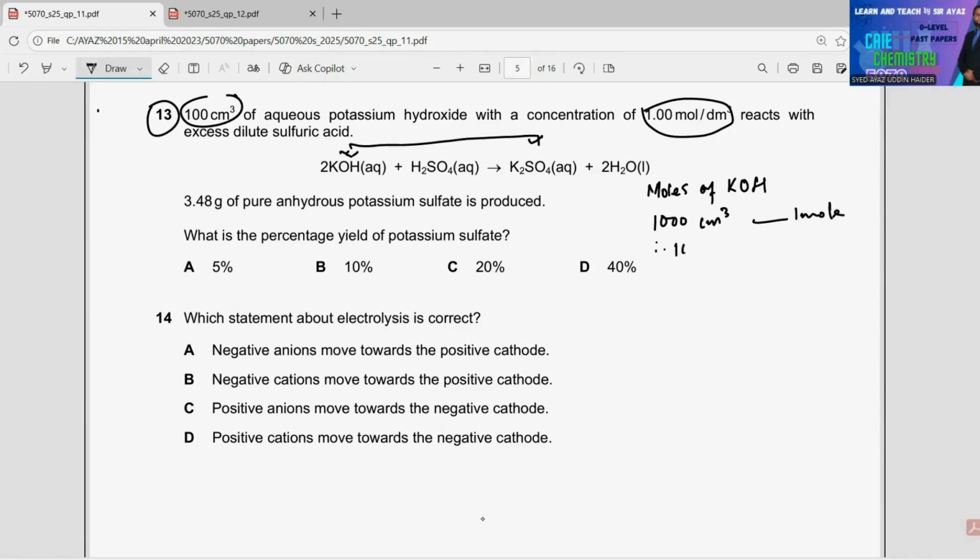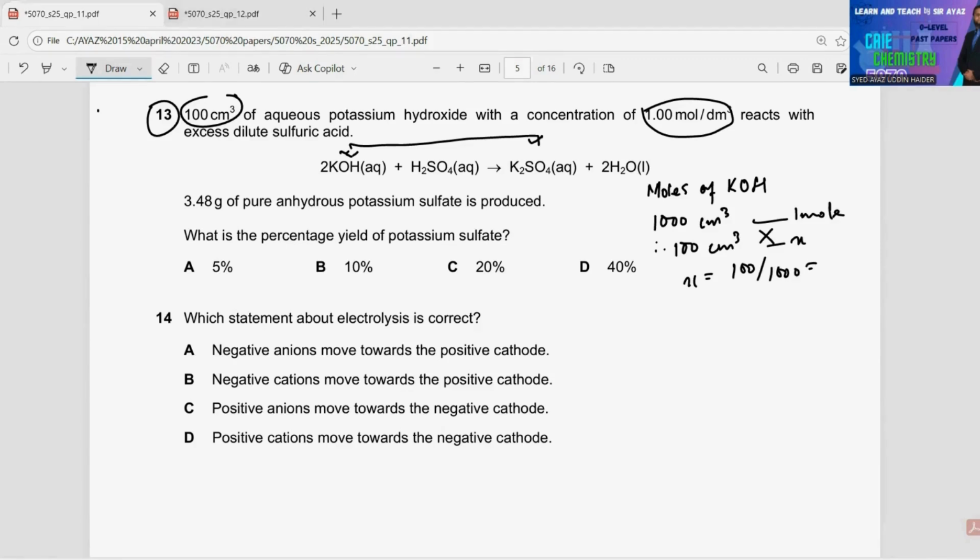Therefore, 100 centimeter cube contains X moles. X is equal to 100 divided by 1000. You will get 0.1 moles of KOH.